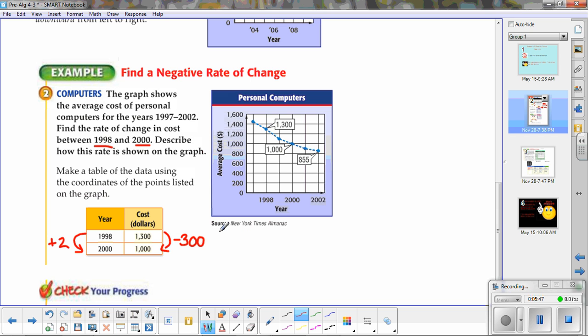So the rate of change in the cost is negative $300 in 2 years. If you wanted to break that down for 1 year, you would divide by 2, and you would get about negative $150 per year. And the way that's shown in the graph is a line slanting downward because it's a negative rate of change.